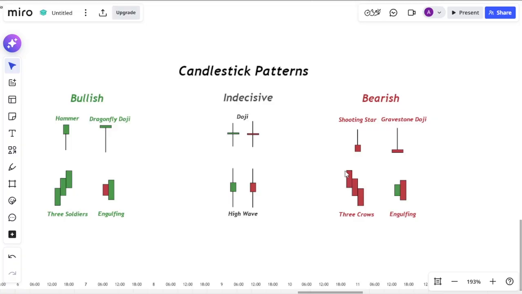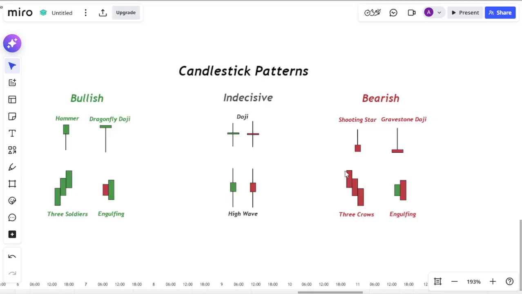Alright. So for the bullish, we have the hammer, dragonfly doji, three soldiers, and engulfing. Engulfing is what you probably hear a lot. Bullish engulfing represents a pattern. Then the indecisive: surely you'll be hearing doji, but not so much the high wave.